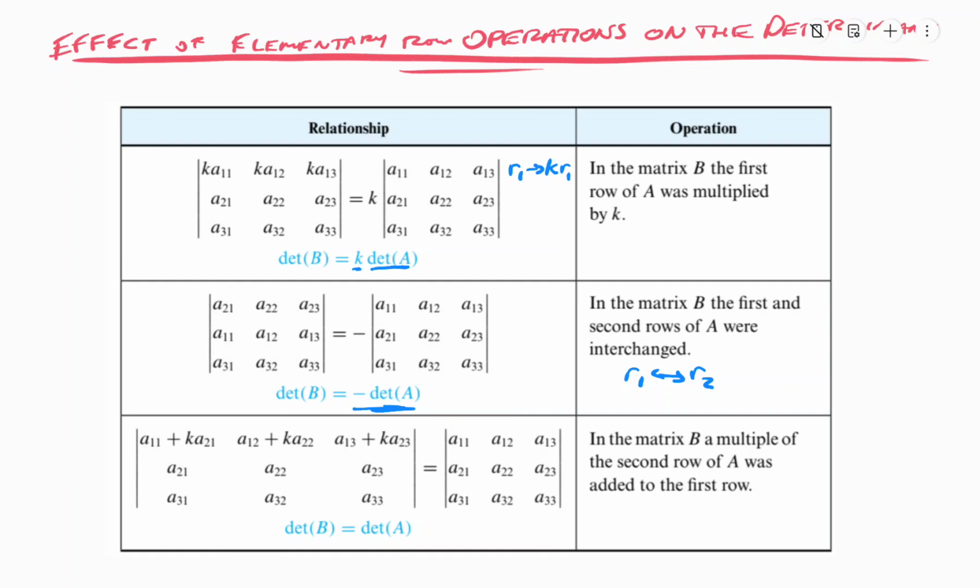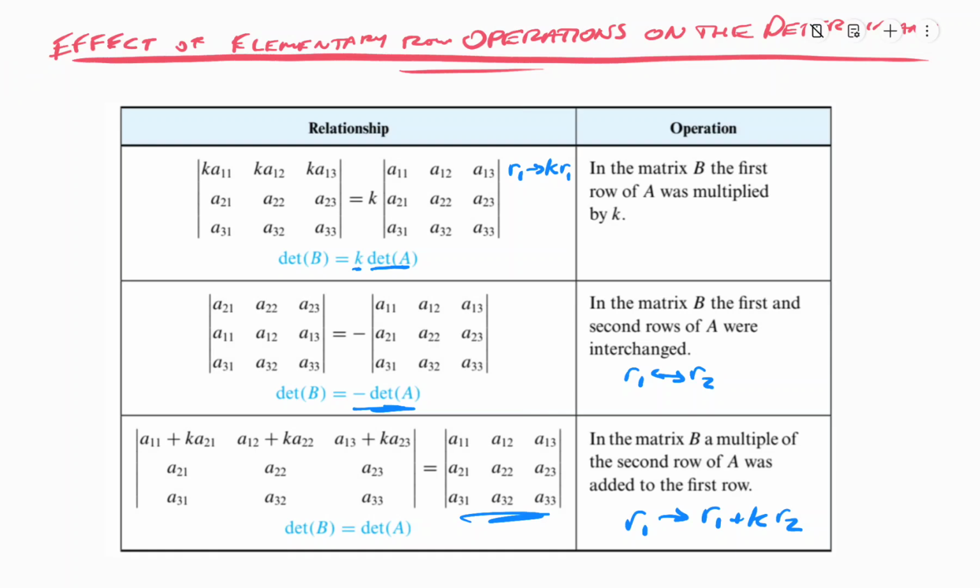And our third case is if we add a scalar multiple of another row to a row. If we took row 1 of our original and operated on it to change it to row 1 plus k times row 2, this would have no effect on our determinant, as we are adding a different row.